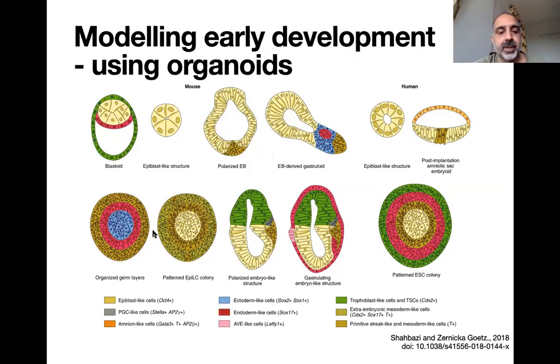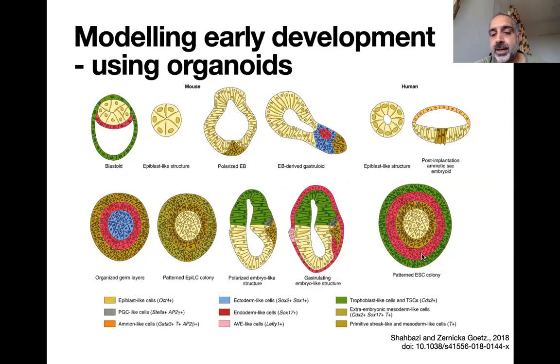These are mouse organoids, blastoid, epithelial body-derived gastroloid, gastrulating embryo-like structure, for example. And this is the corresponding pattern in human.